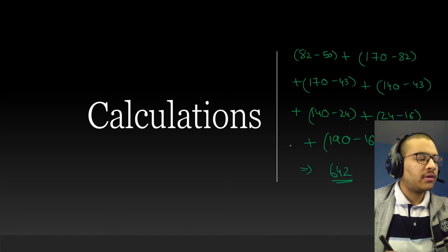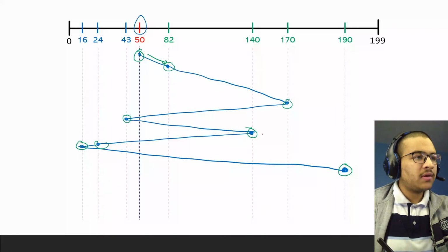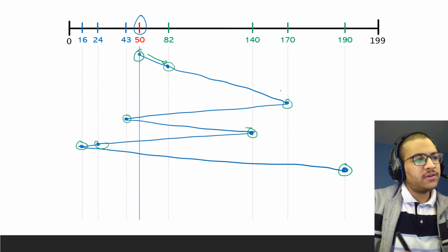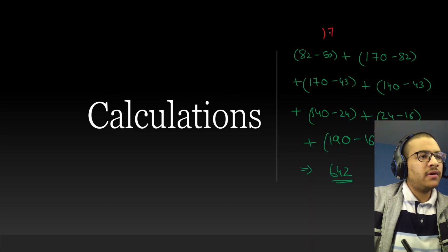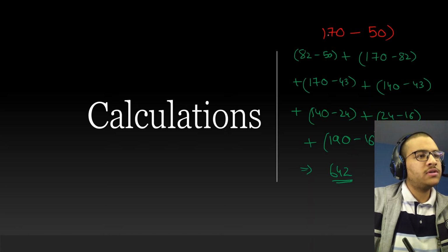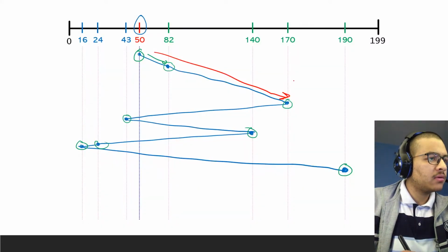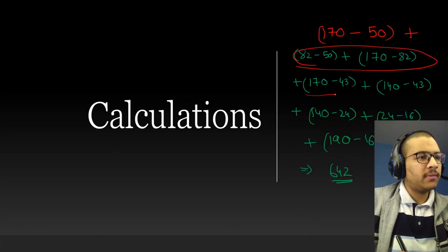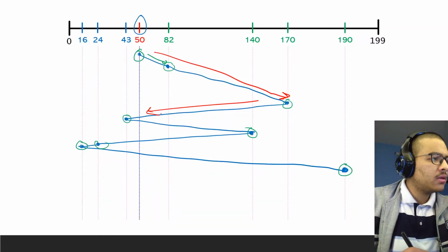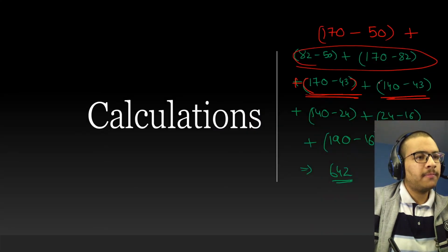So this was a long way. There is one shortcut too. Consider that we are going from 50 to 170 in a straight line, so we can directly write 170 minus 50 instead of this. Plus, we're going straight from here till here, so 170 minus 43 will be the same. Then we are going from 43 to 140 directly, so this will also be the same.